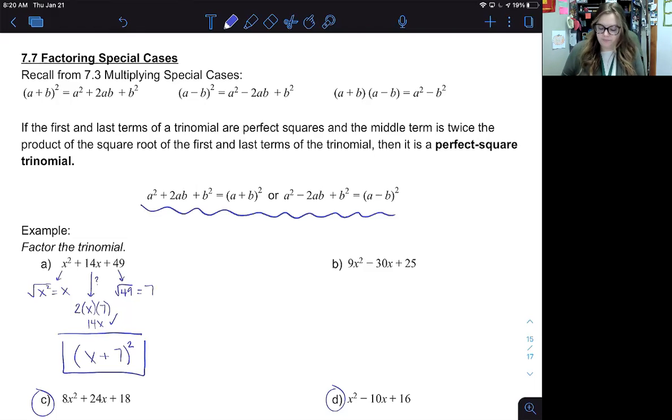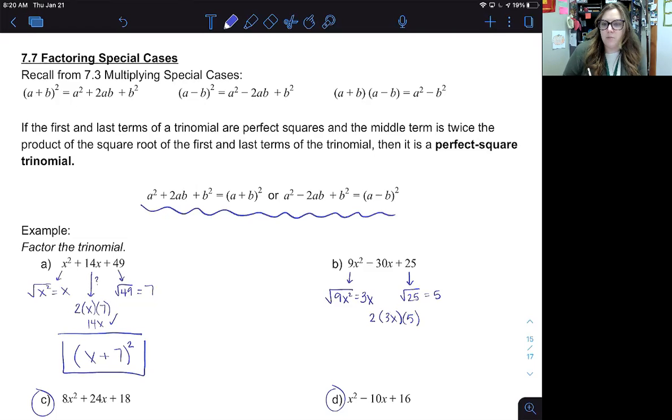So let's look at b. So if we look at our first, 9x squared, take the square root. So the square root of 9 is 3, and the square root of x squared is x. Then look at the last. The square root of 25 is 5. And now we want to check. If we take 2 times each of those square roots, do we get our middle?